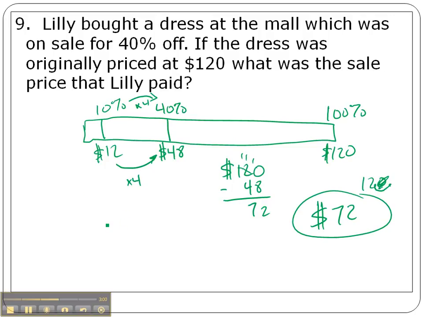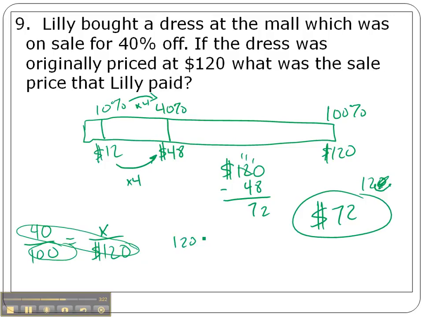I also want to show how you could do this with a proportion. We want to find 40%, which is 40 over 100. Remember, percent is out of 100. 40% equals how many dollars of the $120 that the dress costs. So bat and ball. There's the bell again.